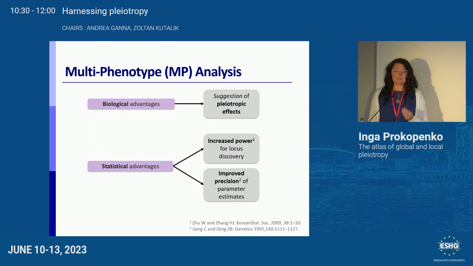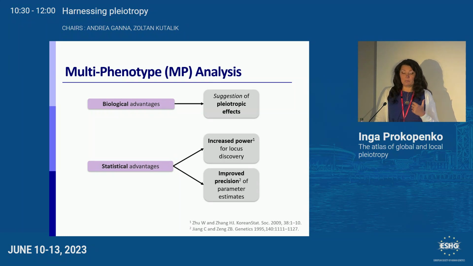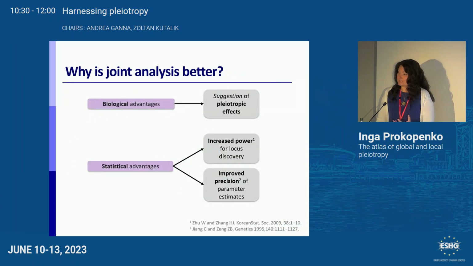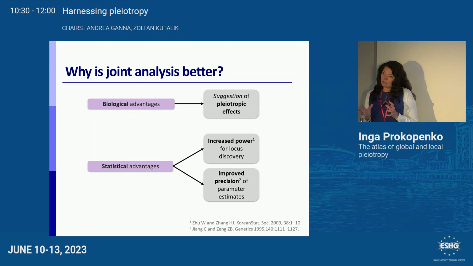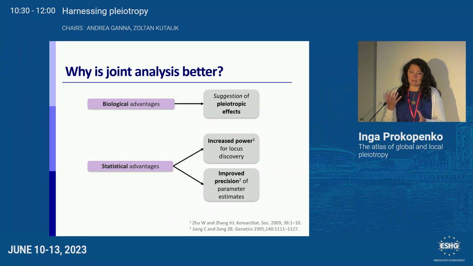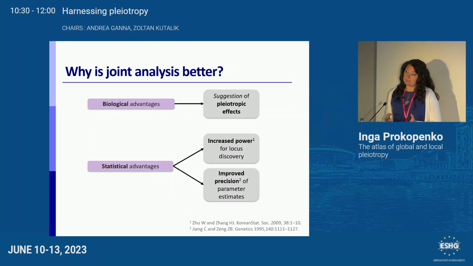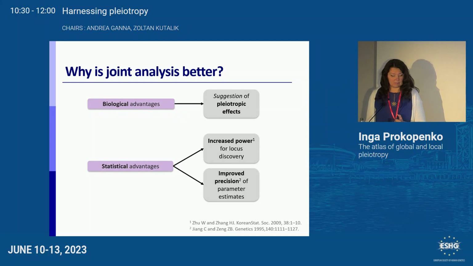Now, when we start thinking about multi-phenotype analysis, we can analyze phenotypes together. So we will identify biological advantages, so pleiotropic effects, and we might have statistical advantages by analyzing multiple traits together, so improving our power from combining information from multiple phenotypes which are correlated, for example.